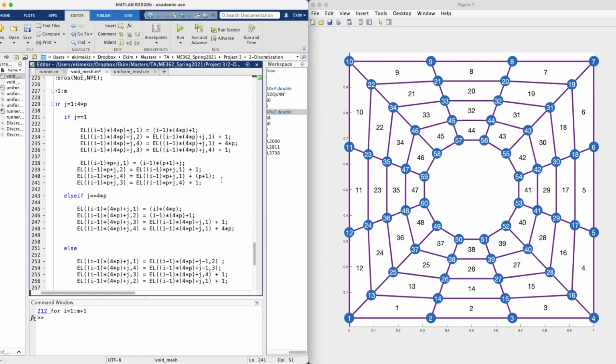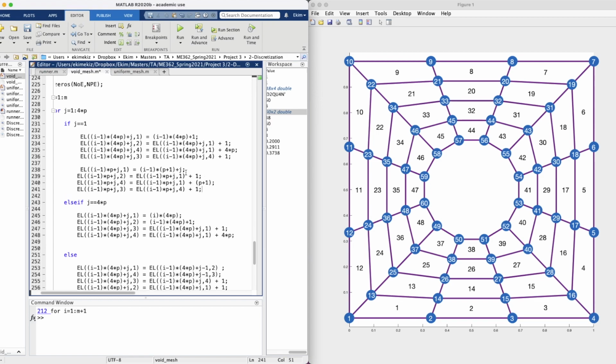Let's see. This thing is the fourth node. So we're looking at the first node, and to find the fourth node, we are adding 4p. Why is that? Because, well, 1 plus 12 is 13, right? So that's how it works. So these are the only differences. Our p's become 4p, and this p plus 1 becomes 4p.